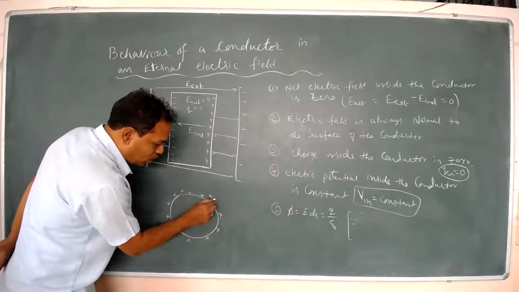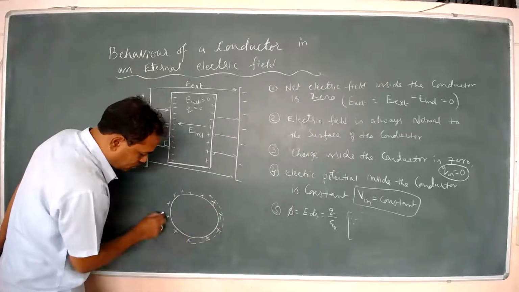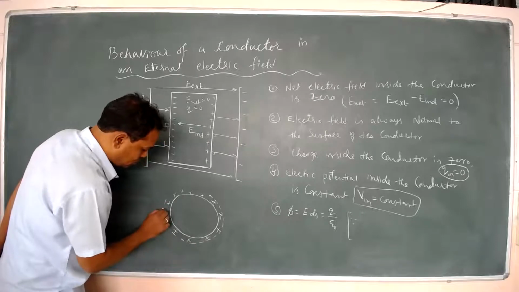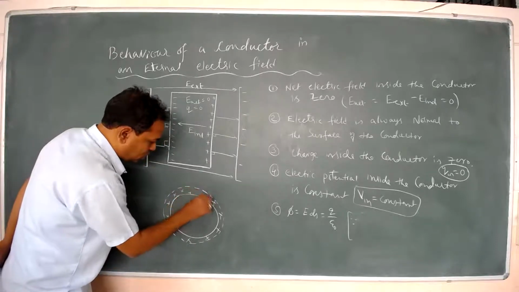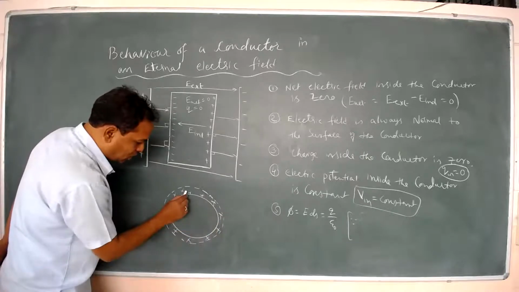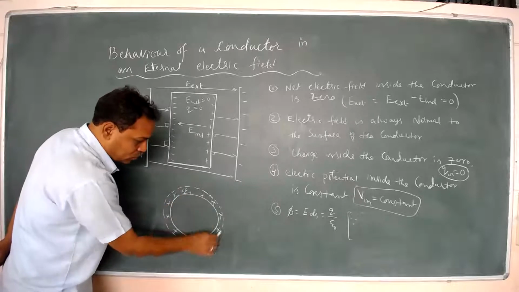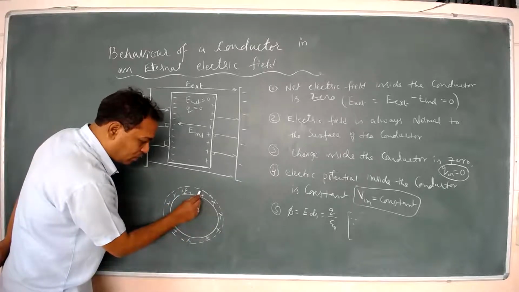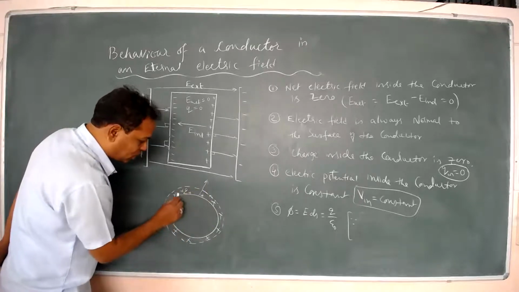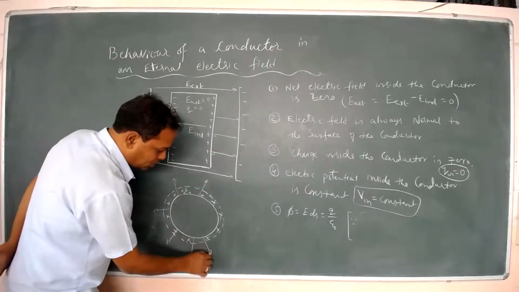From this I will draw one Gaussian surface. This is the Gaussian surface, and this is the charge Q enclosed in this area. So electric flux will be coming through this area. Definitely the electric field will come like this, in this direction.